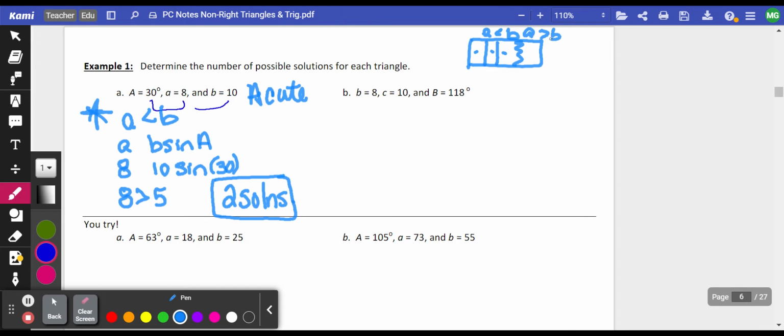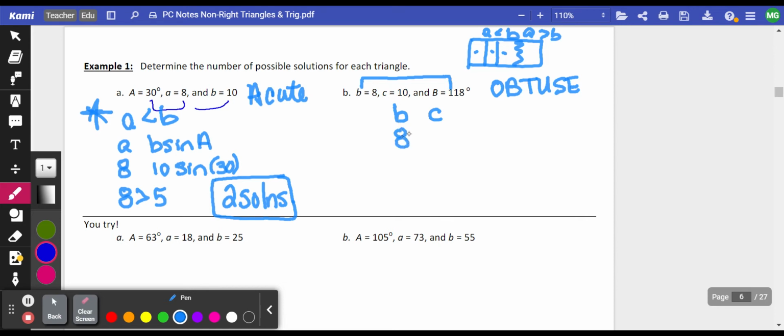Okay, so for example B, let's look at that one. First thing off the bat, we have an obtuse angle. So you are not going to use the top chart, you're going to use the second one. And we only have to compare B to C, the side opposite the given angle and the other side.